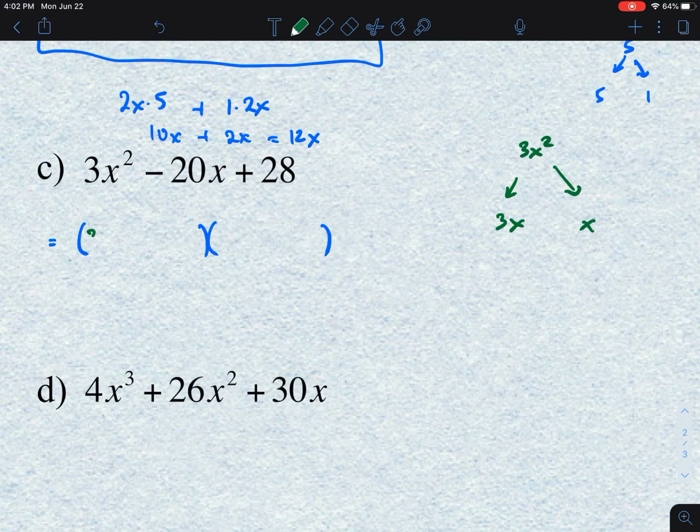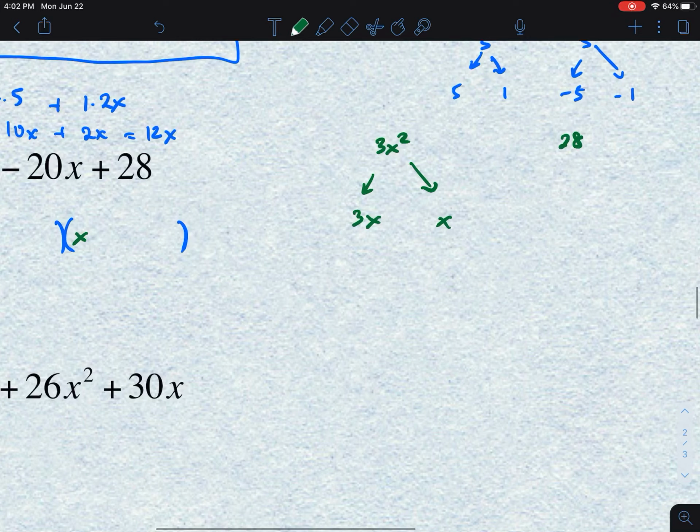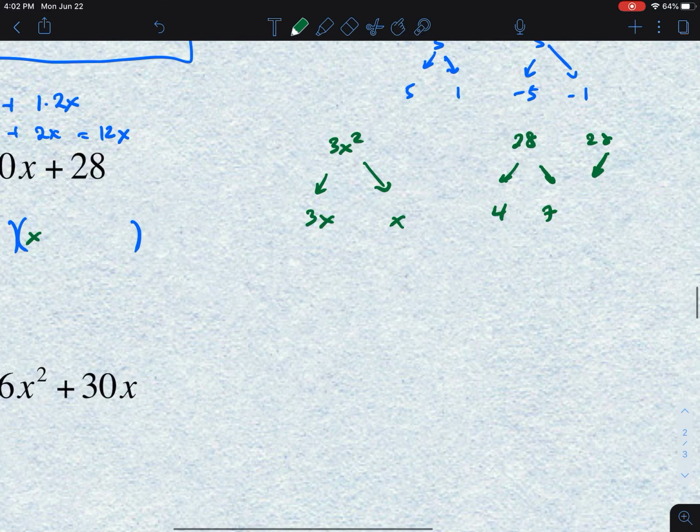So we can say only one possibility, 3x and x. 28 has several different options. So 28, we can say 4 and 7. What else makes 28 here? 14 and 2, and then 28 we can have 28 and 1.